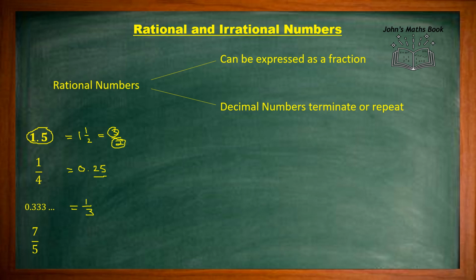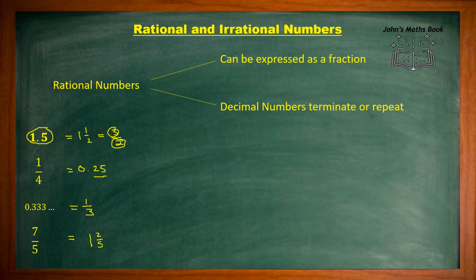And in our final example of rational numbers, we're looking at 7 divided by 5. So this is obviously a rational number because it can be expressed as a fraction of two integers. It's an improper fraction, and it can be expressed as 1 2/5.